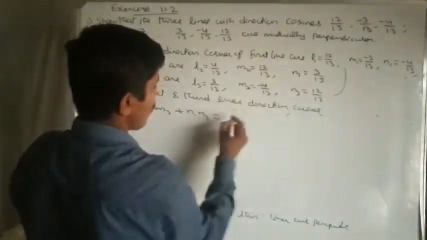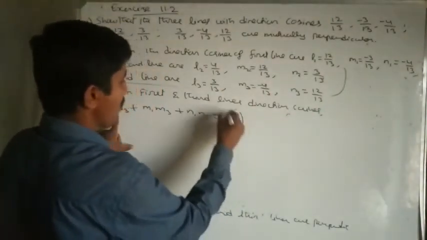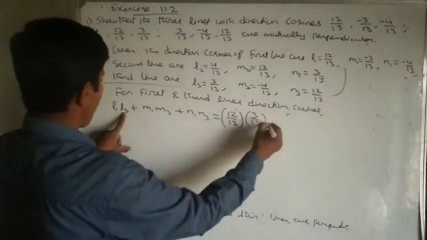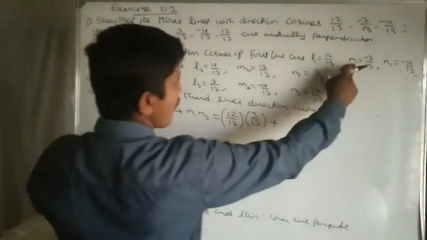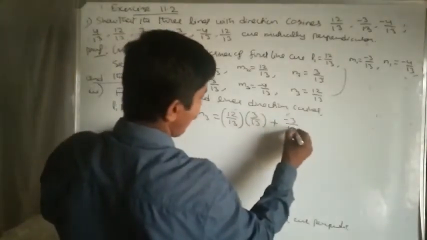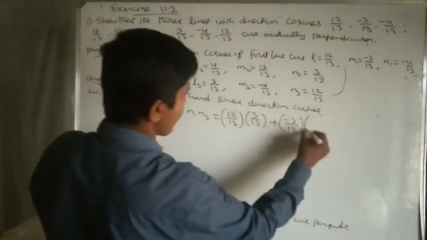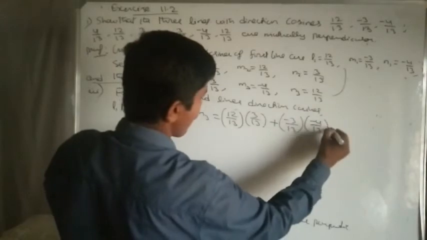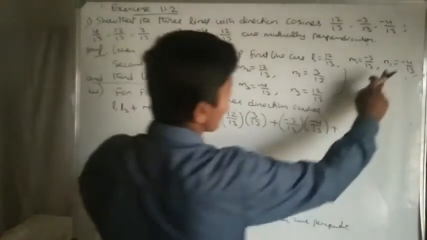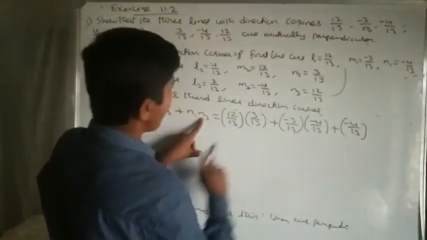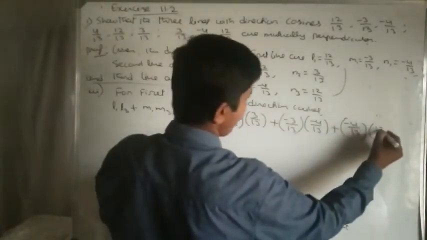Here L1 12 by 13 into L3, L3 equal to 3 by 13, plus M1 minus 3 by 13 into M3, M3 equal to minus 4 by 13, plus N1 minus 4 by 13 into N3, 12 by 13.